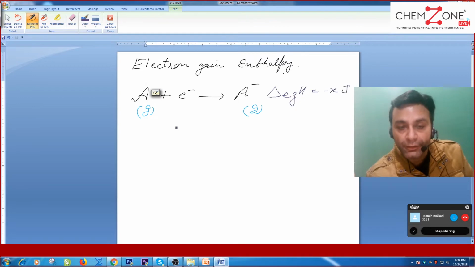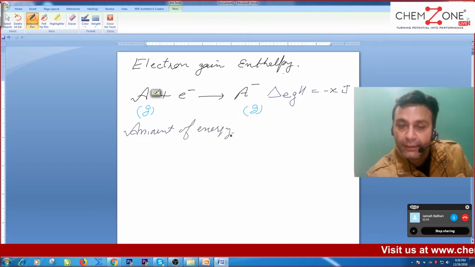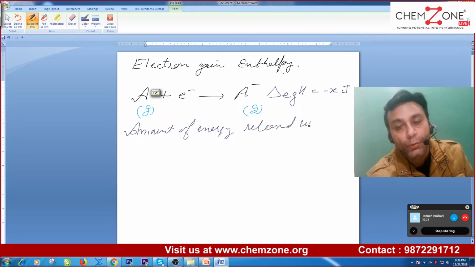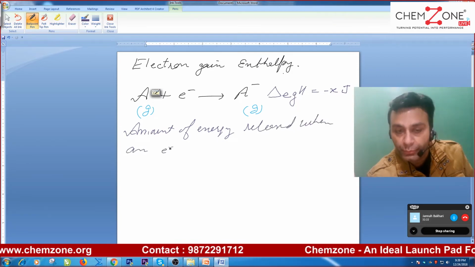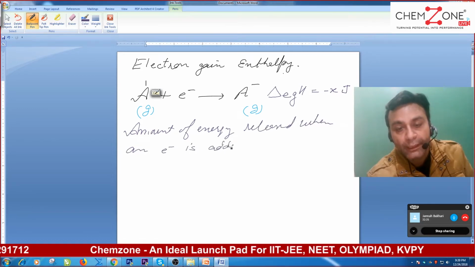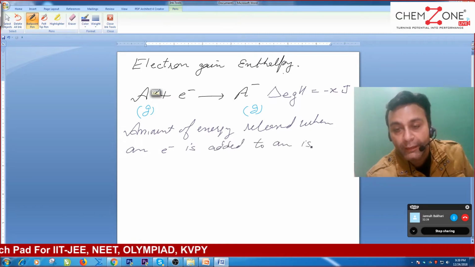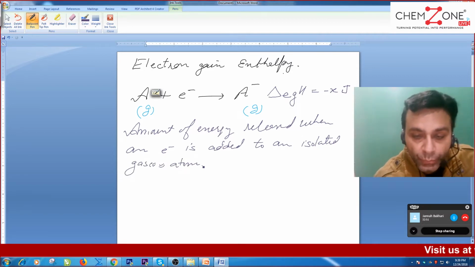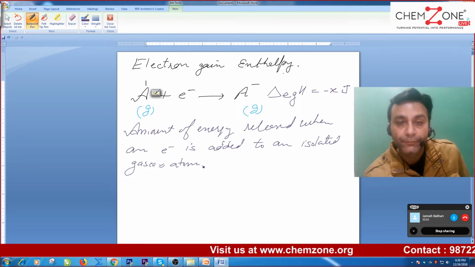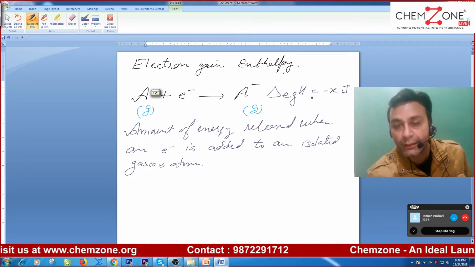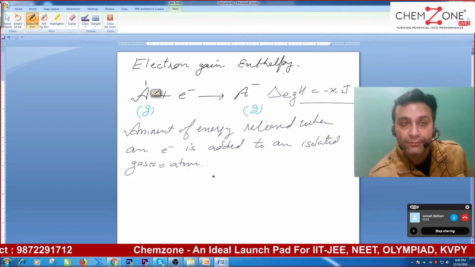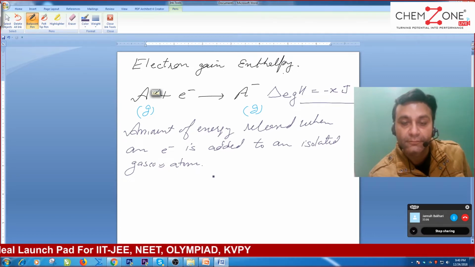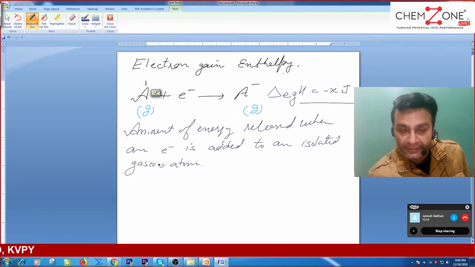So electron gain enthalpy is the amount of energy released when an electron is added to an isolated gaseous atom. Am I clear?